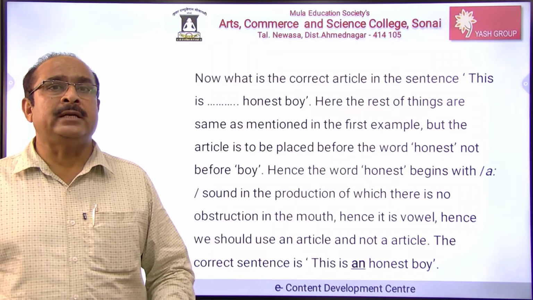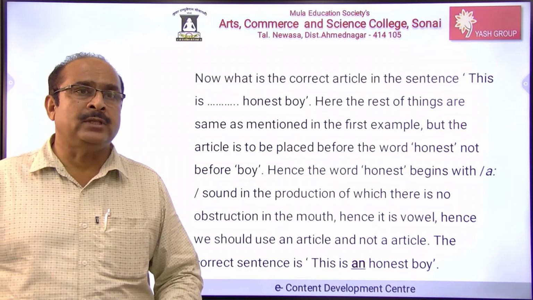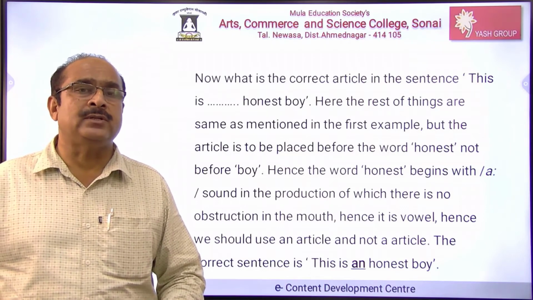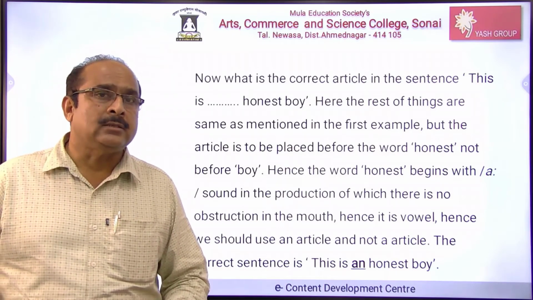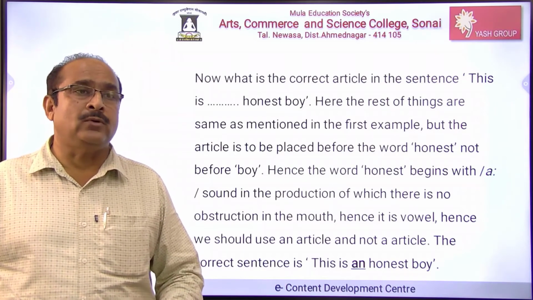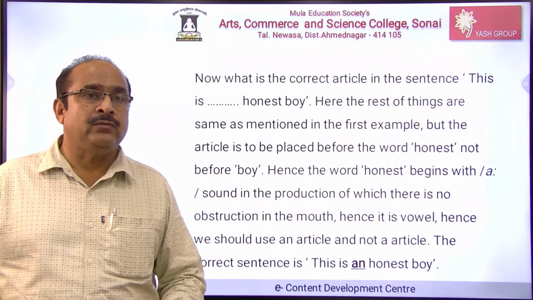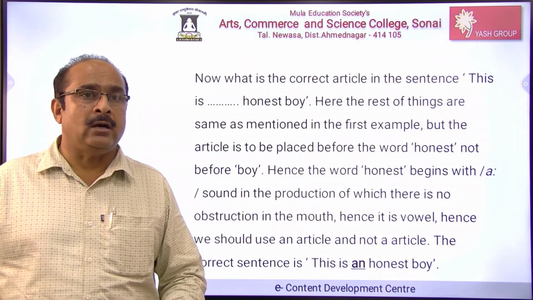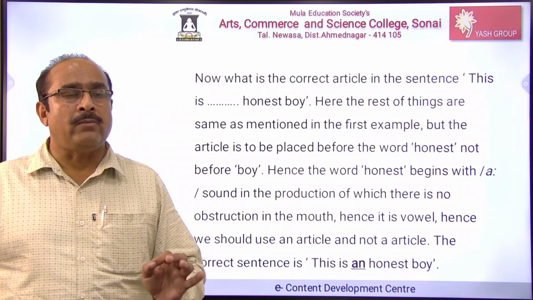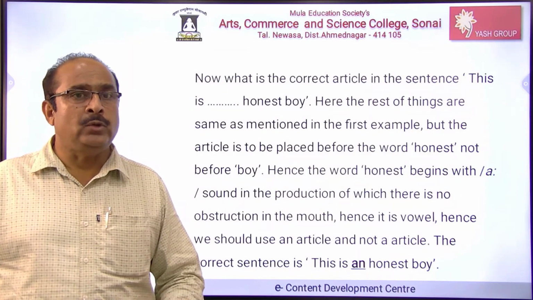Now, what is the correct article in the sentence "This is dash honest boy"? Here, the rest of the things are the same as mentioned in the first example, but the article is to be placed before the word honest, not before boy in this case. The word honest begins with the sound o, and o is a vowel sound as we have observed. So, in this case, we'll have to use an.